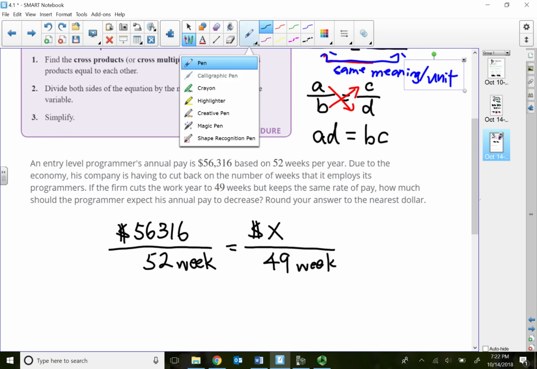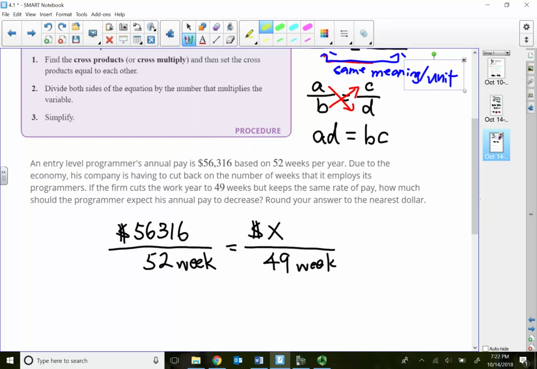But one important thing is that the 56,316 goes with the 52 weeks, so they have to be in the same fraction together. If I put 49 weeks right below the 56,316, that would throw me off. The rate I'm starting out with is 56,316 for 52 weeks, so they stay together in the same fraction.